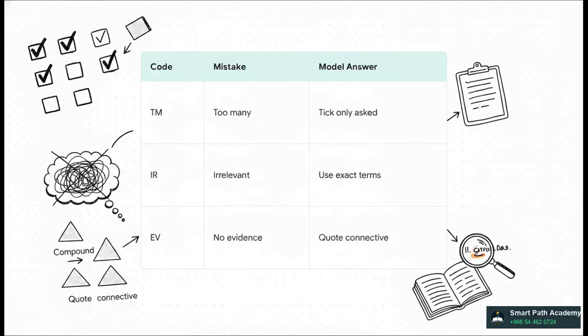If they ask for 1 compound sentence and you tick 2, you lose the mark, even if 1 was right. The fix? Tick only what is strictly asked. IR means irrelevant detail. Don't write a whole essay explaining what a sentence is, just use the exact terms, simple, compound, or complex. And EV means missing evidence. If they ask why it's complex, don't be vague. Quote the exact connective word as your evidence. Pinpoint accuracy is what gets you the grade.